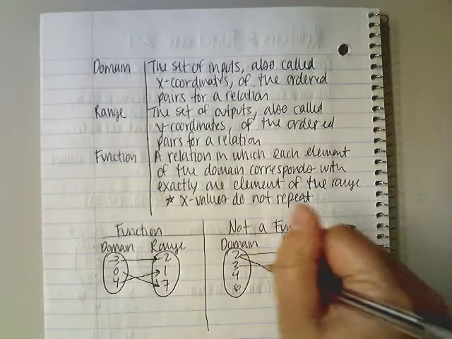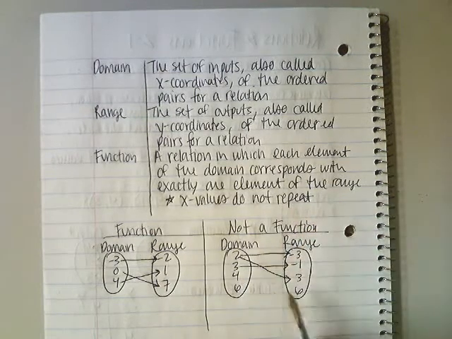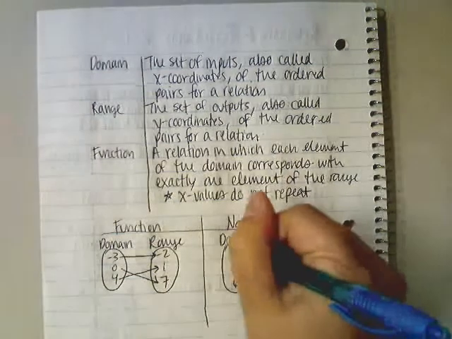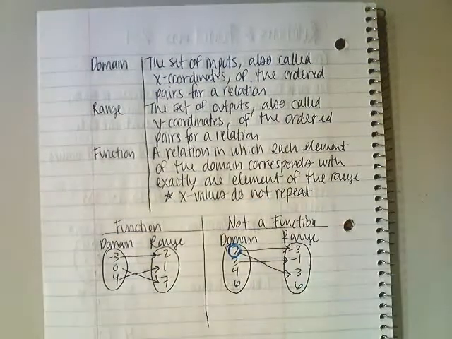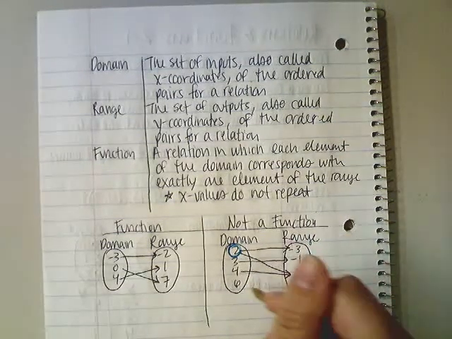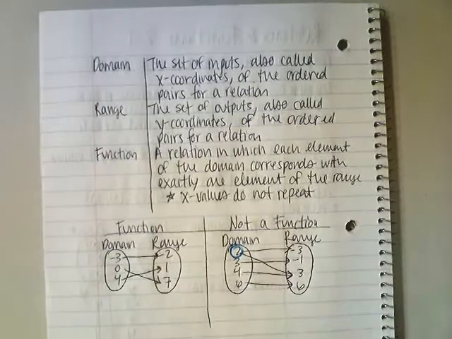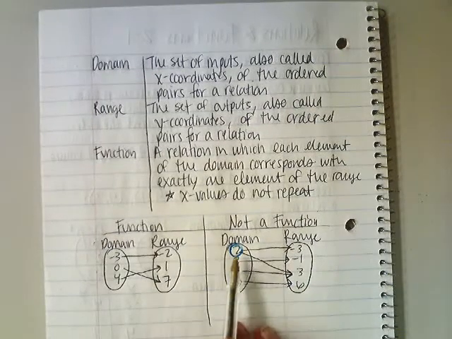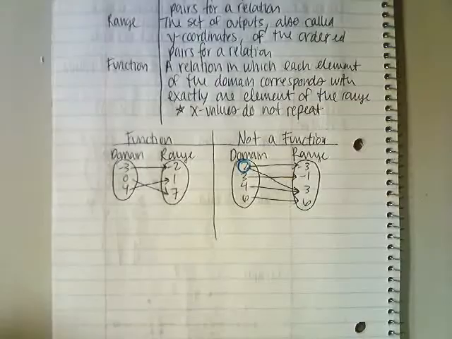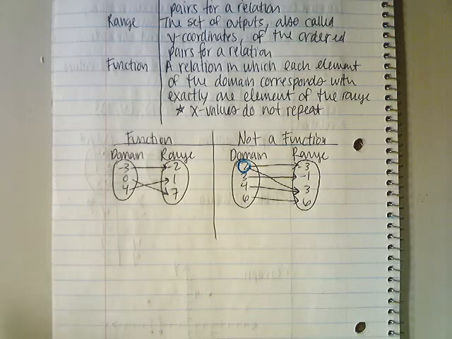So this is why this is not a function, because this 2, so I'll circle this in a different color, 2 repeats, or is the domain value for 2 different range values, so this will not work. The 4 is also going to 3 and to 6. But the key point here is that since the 2 has 2 arrows coming out of it, it is not a function.